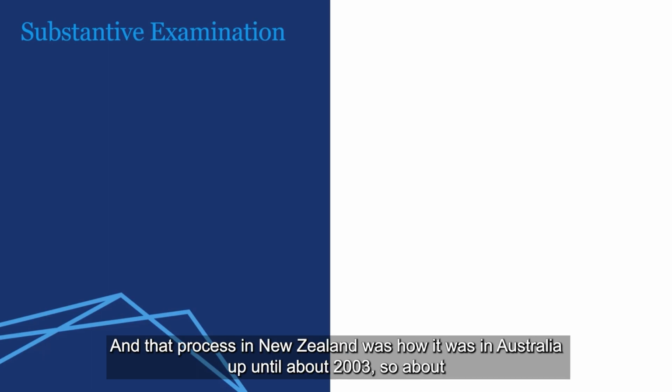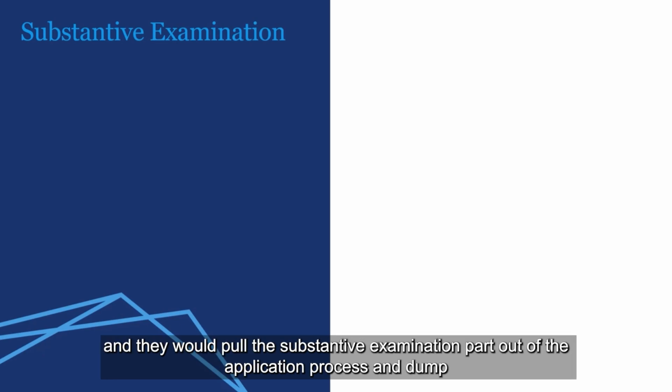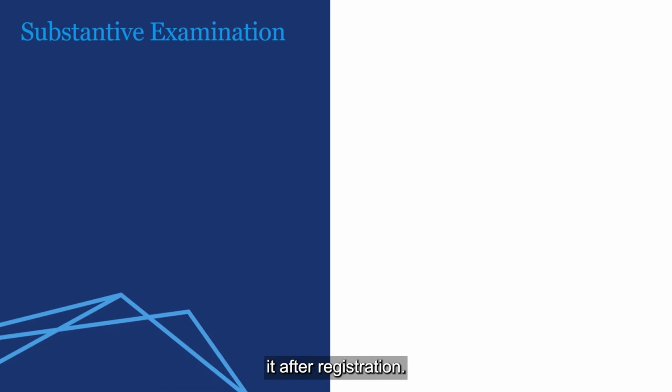And that process in New Zealand was how it was in Australia up until about 2003, so about 2 decades ago. But the government of the day at that time decided that they would change the system and they would pull the substantive examination part out of the application process and dump it after registration.